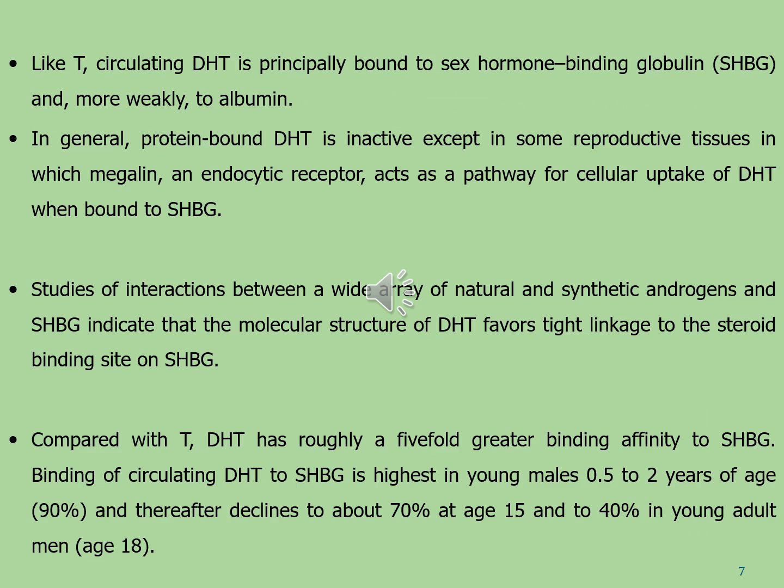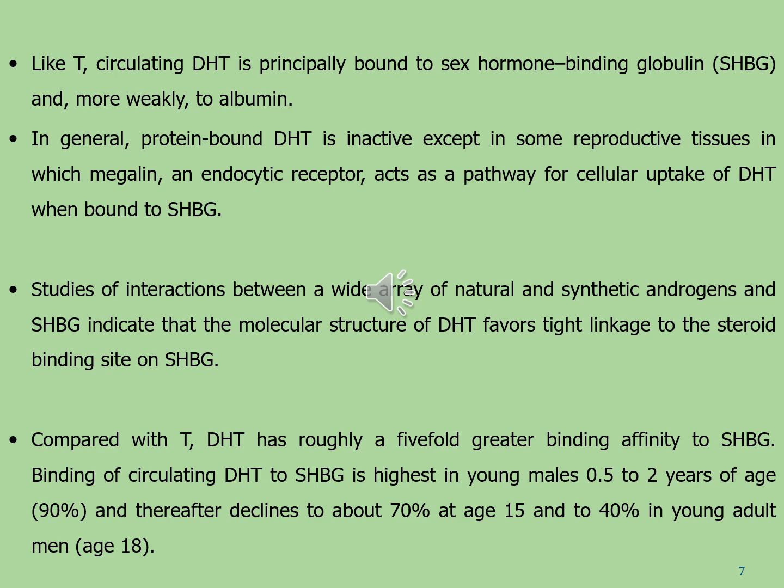Like testosterone, circulating dihydrotestosterone is principally bound to sex hormone binding globulin (SHBG) and more weakly to albumin. In general, protein-bound dihydrotestosterone is inactive except in some reproductive tissues in which megalin, an endocytic receptor, acts as a pathway for cellular uptake of dihydrotestosterone when bound to SHBG.